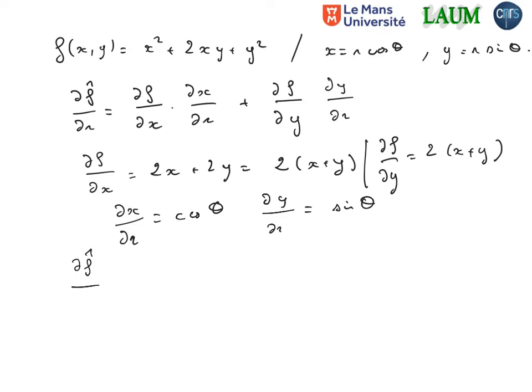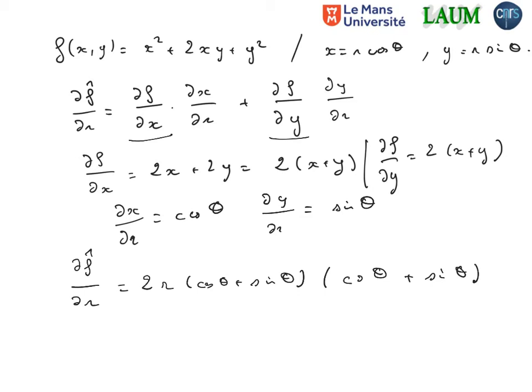Which means that df over dr is equal to, so I have this df over dx and df over dy, which are equal to 2 times x plus y. So this is 2 times r of cosine of theta plus sine of theta. So this is for this, and I multiply by dx over dr, so this is cosine of theta plus sine of theta.